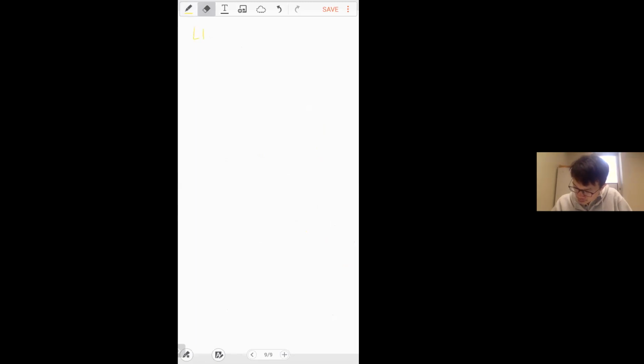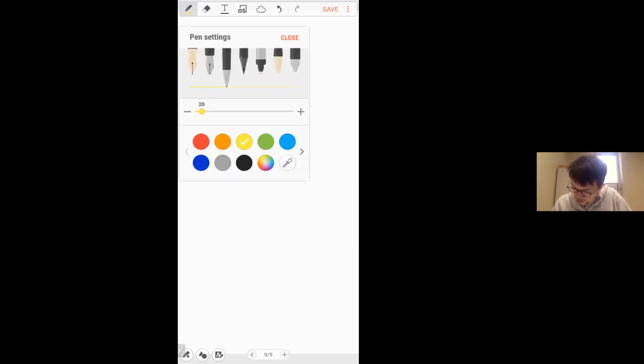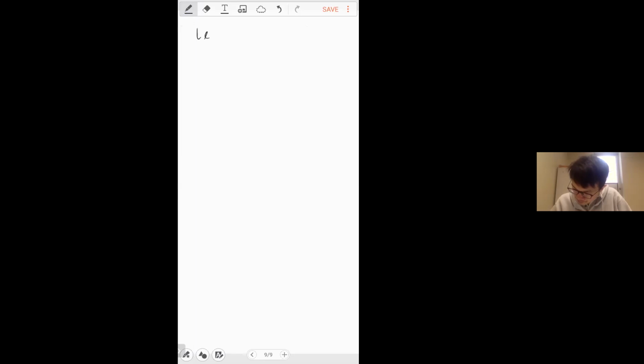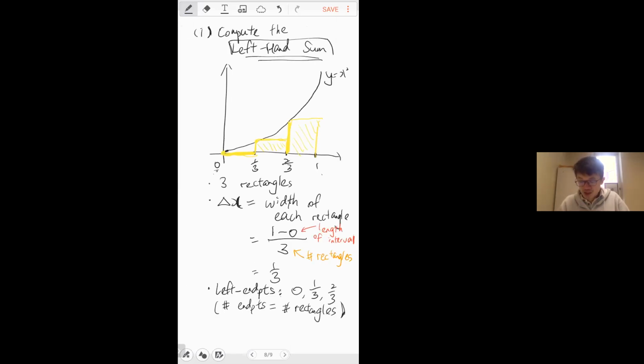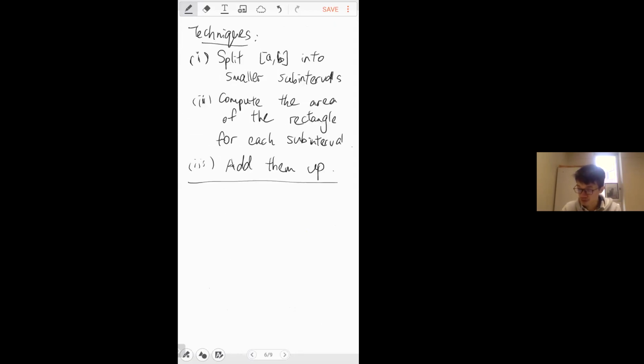So the left-hand sum would be the sum, to answer your question. Didn't I just say that I want to compute the area of rectangles?